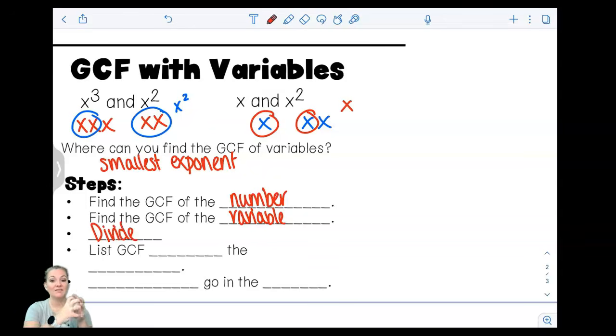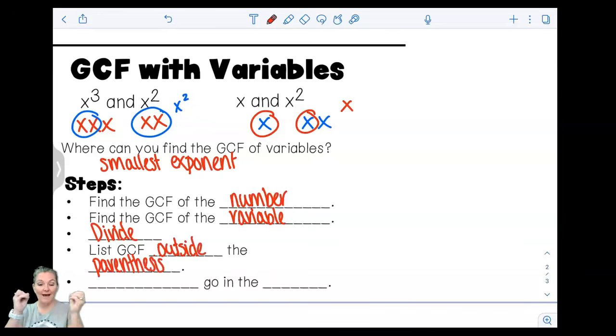You're going to put the GCF part outside the parentheses. And the leftovers, what happens when you divide, those are going to go inside the parentheses. And what's great about this is you can always go back and check to see if you are right. You can always go back and distributive property it back and make sure that you get that piece up top. Because really the GCF is the inverse of distributive property.